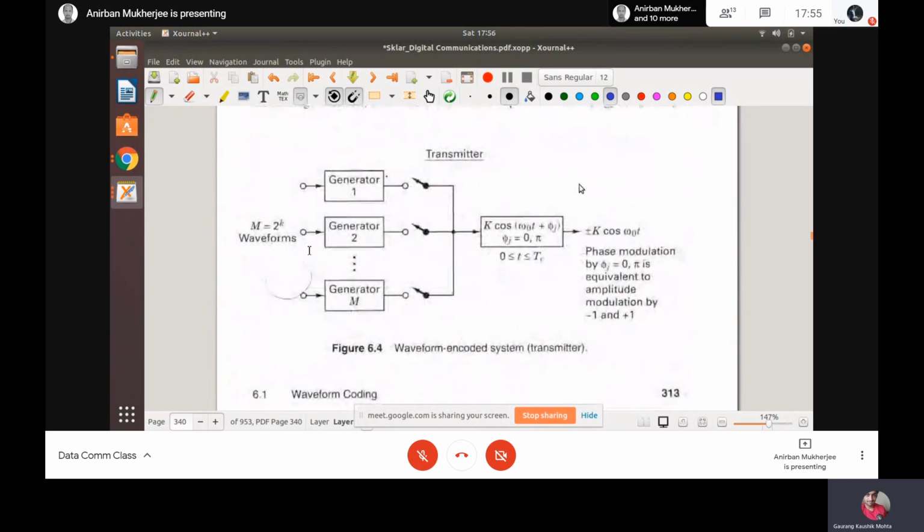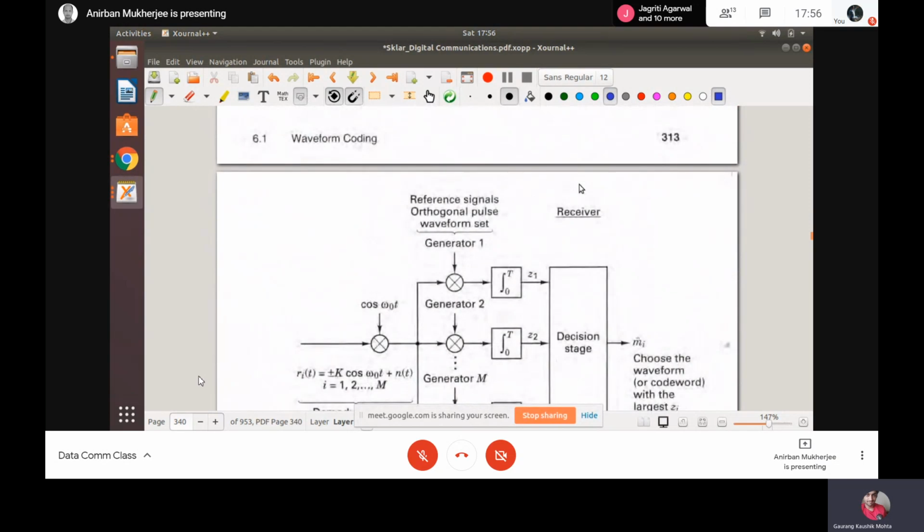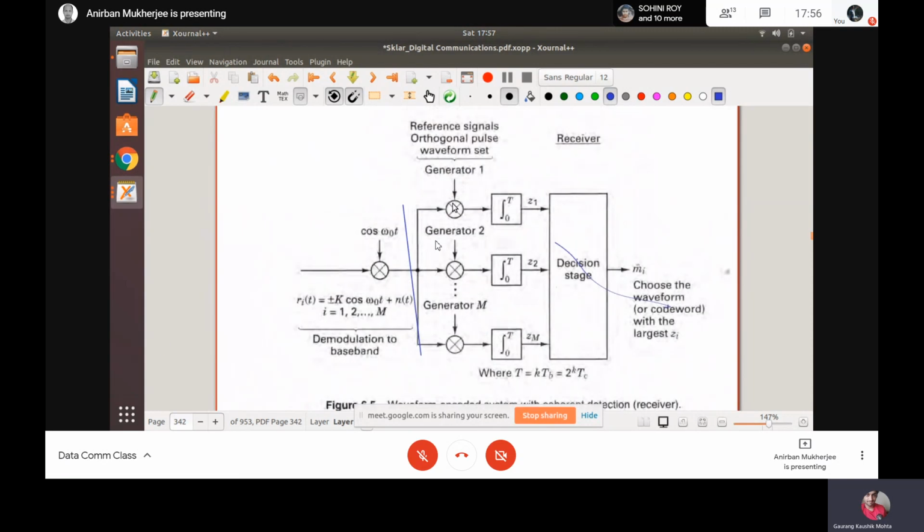Now in this waveform coding, at the receiver side, we do the demodulation to the baseband, and depending on this orthogonal pulse waveform set, I do the correlation with each individual waveform and check which is the right waveform.